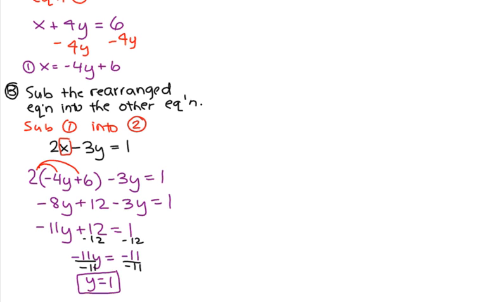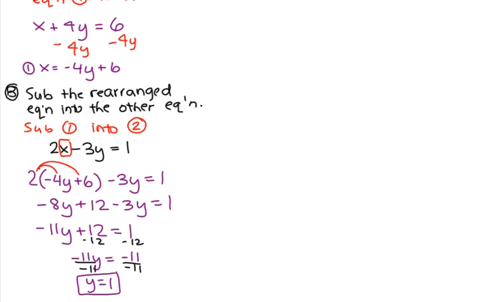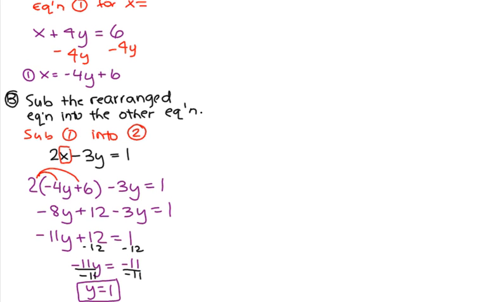Okay, now that we know y, we can move on to our third of the 4 steps. If I know y, how could we get x? We don't have to go through all that same stuff. We could just sub that answer into either equation.